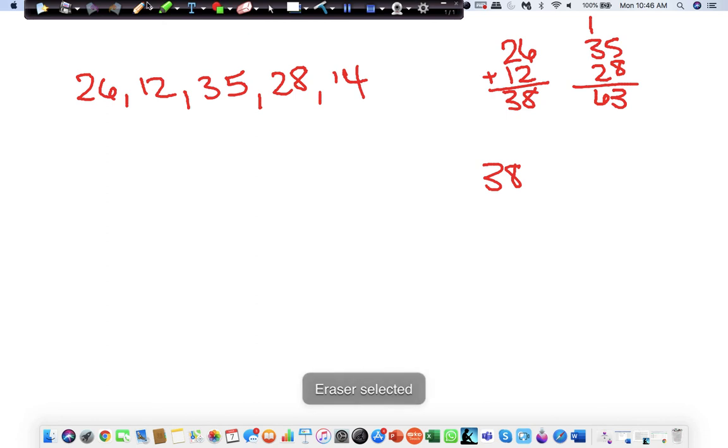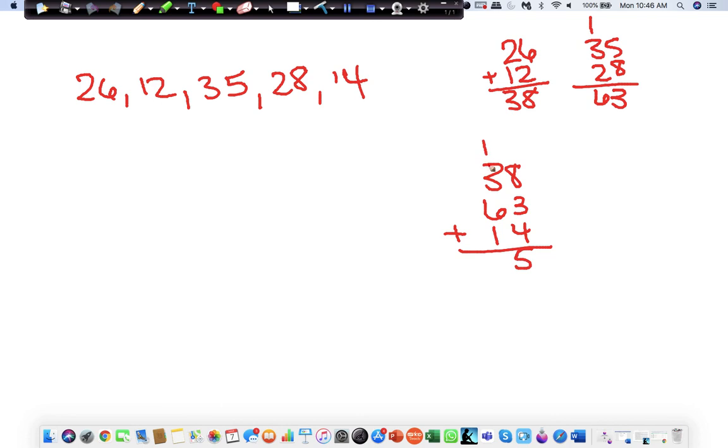Not 3, that would be a 6. So that's 12 plus 3 is 15. 1 and 3 makes 4, plus 6 is 10, plus 1 is 11. So 115, and then we have to divide that by 5 to find the mean.